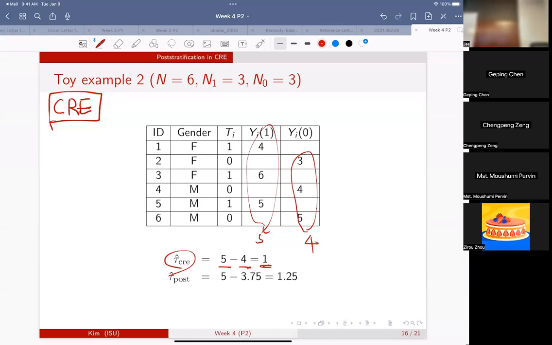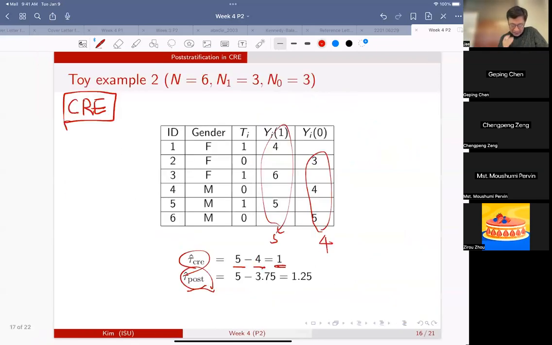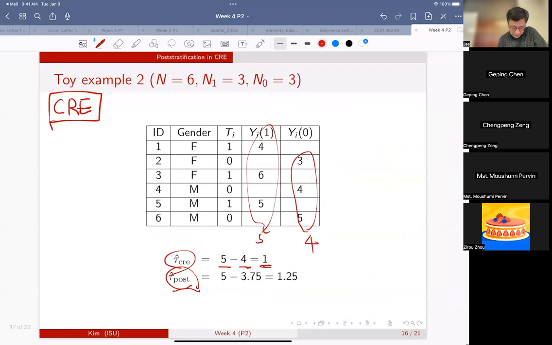What is more tricky is this one. How to compute this? We need to use this formula. Let's first consider the proportion of females.